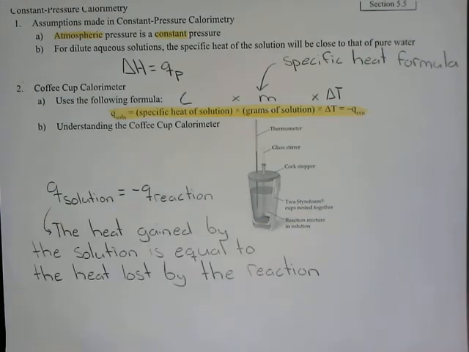Now, this statement is really important because the temperature change can be measured via this thermometer, and if we know the temperature change, we can find the change of enthalpy.